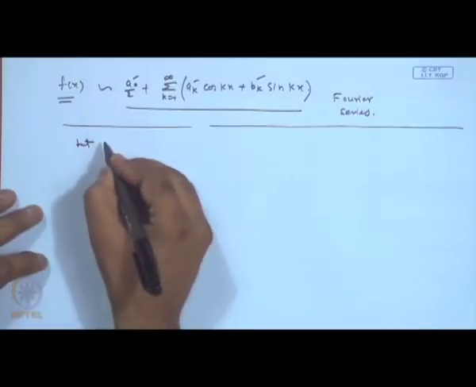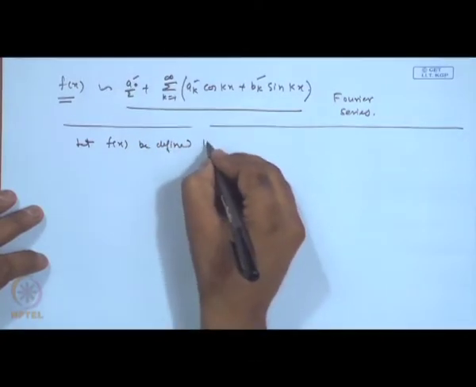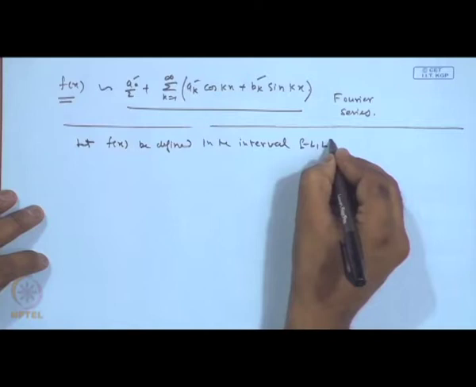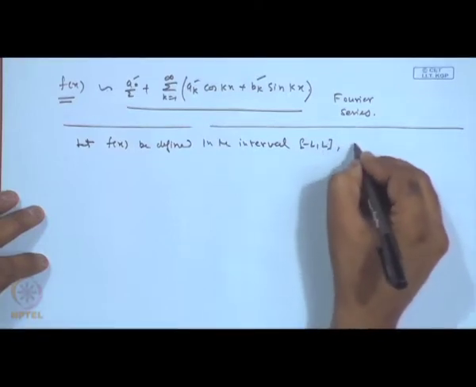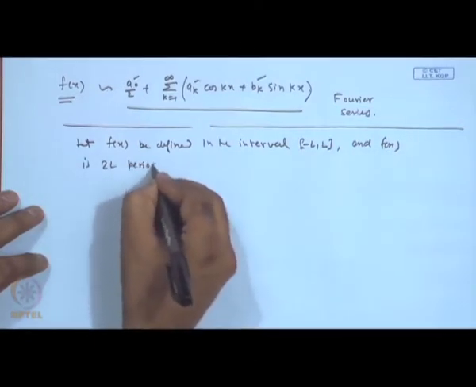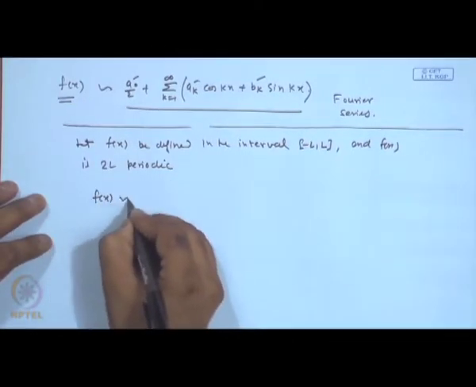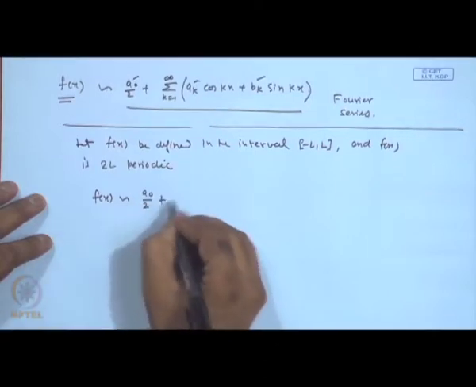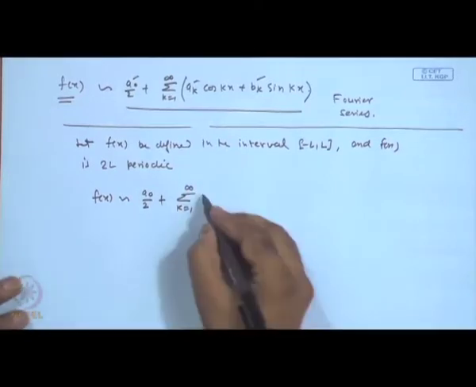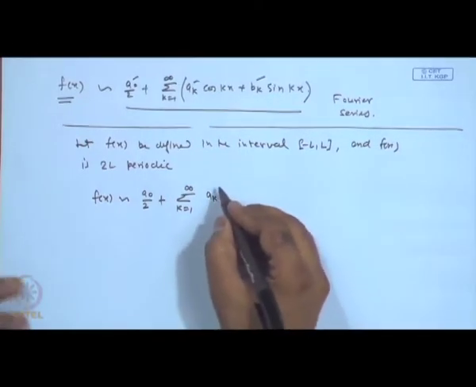So, let f(x) be defined in the interval minus L to L, and f(x) is 2L periodic, then the Fourier series of this function will be given by a_0 by 2 plus the sum from k equals 1 to infinity, and we have to take now the family of trigonometric functions which has the common period 2L.